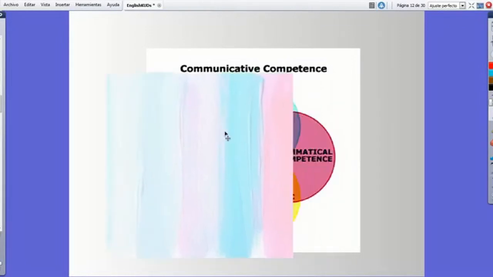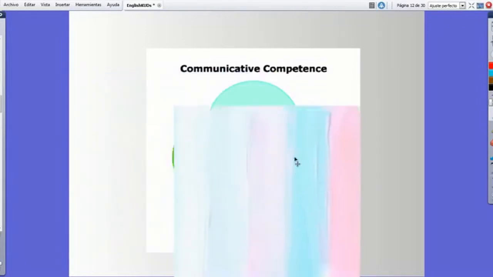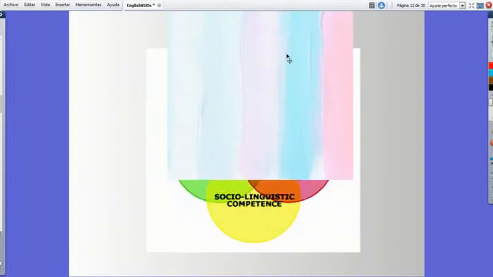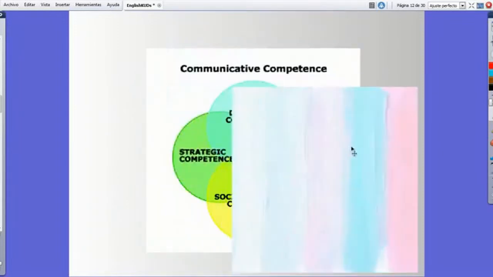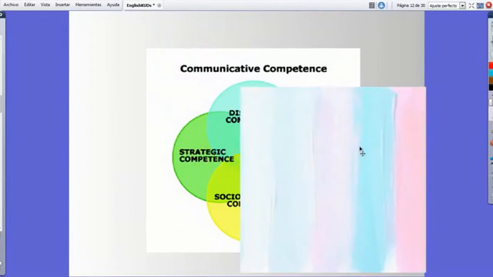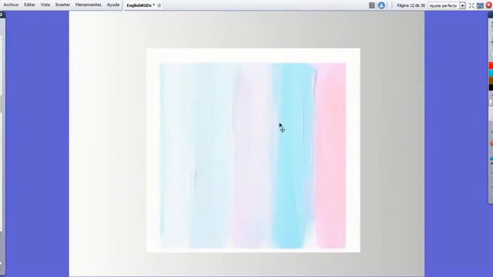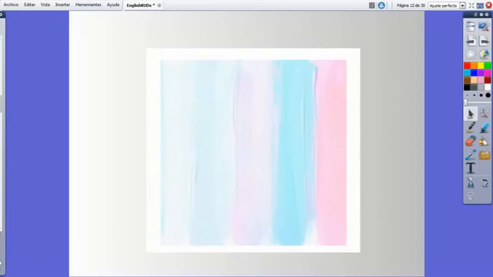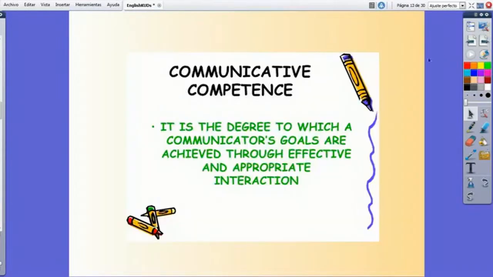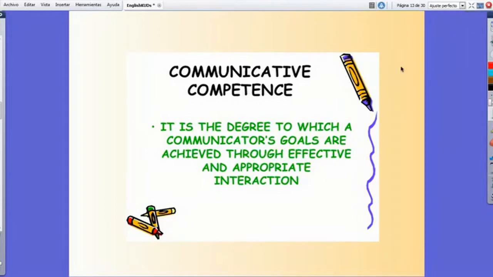And by this we mean grammatical competence, discourse competence, sociolinguistic competence, and strategic competence. By communicative competence, we mean the degree to which a communicator's goals are achieved through effective and appropriate interaction.